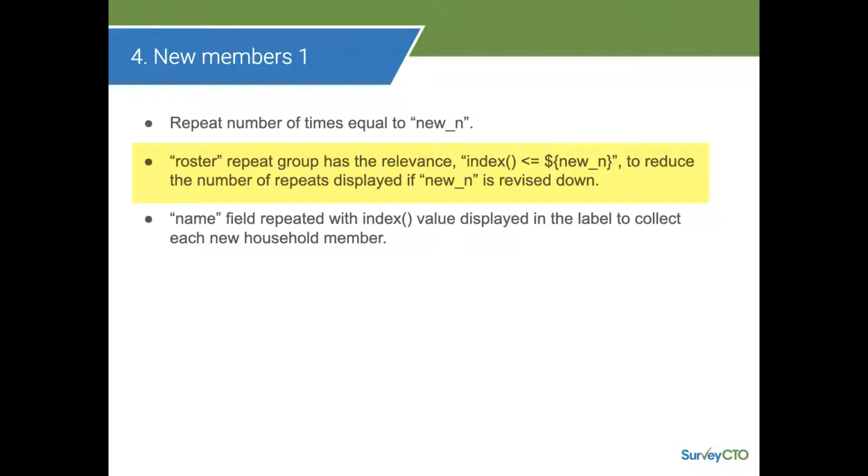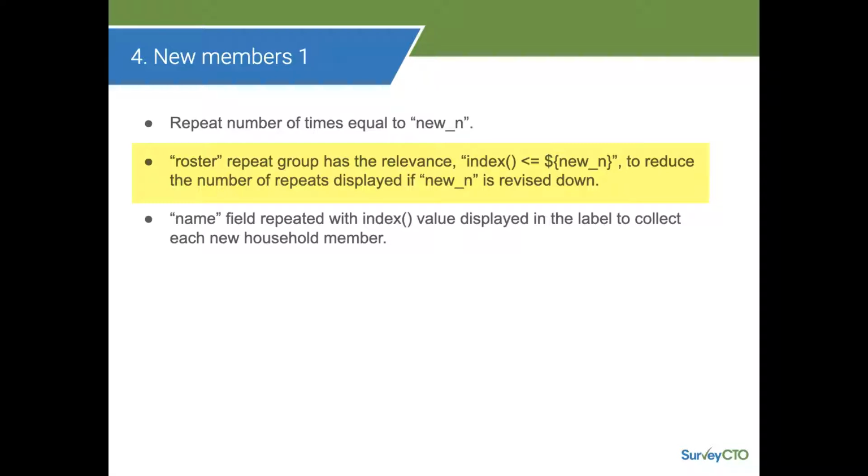The roster repeat group also happens to have relevance, which is index is less than or equal to new n. This is also not essential to the design, but it is a highly recommendable addendum to any repeat count that is populated through a reference to a value stored in a field.